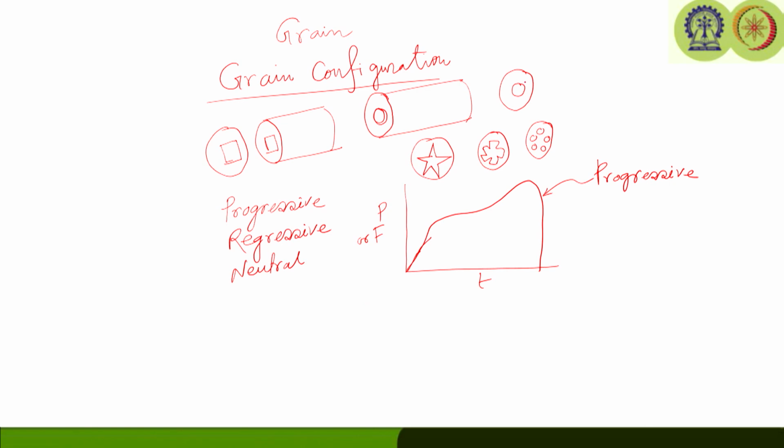If you look at the cylindrical grain configuration, you may see that from the initial burning surface area, as the time proceeds, it will reach a burning surface like this at a different time instance.